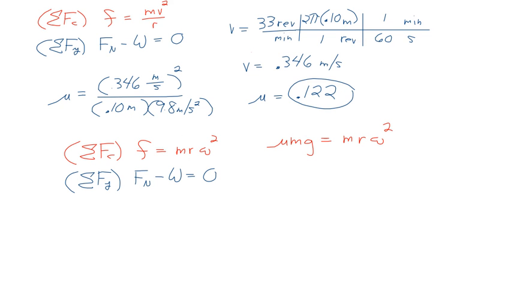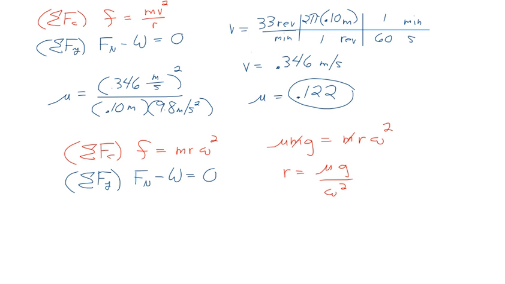And the unknown is r, so I'm going to rearrange this equation to solve for r. The masses cancel out also. Notice that it doesn't matter what the mass is for either one of these problems. So r is going to equal mu g over omega squared. So that's our formula.